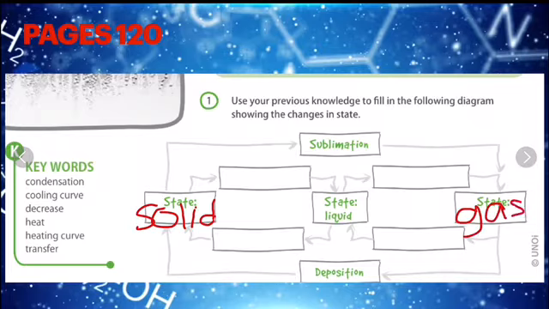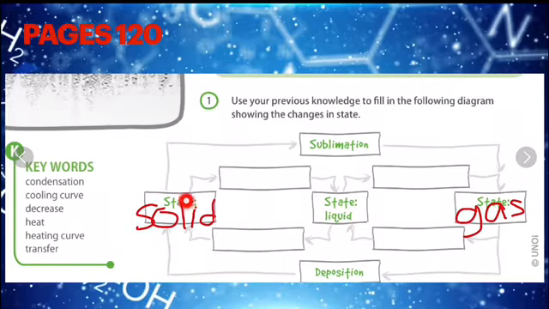So what happens over here, from solid through sublimation to gas, okay? What can happen? This is sublimation, gas, deposition, solid.